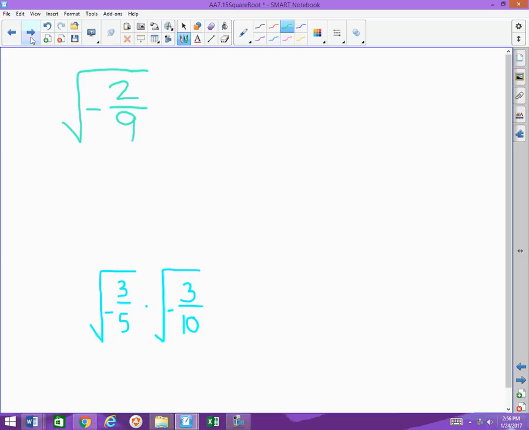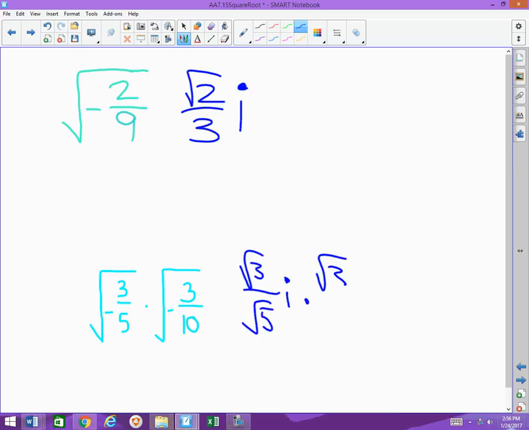So here we would have the square root of 2 over 3i, because the square root of 2 stays and the square root of 9 is 3. This one here is like the square root of 3 over the square root of 5i times the square root of 3 over the square root of 10i.